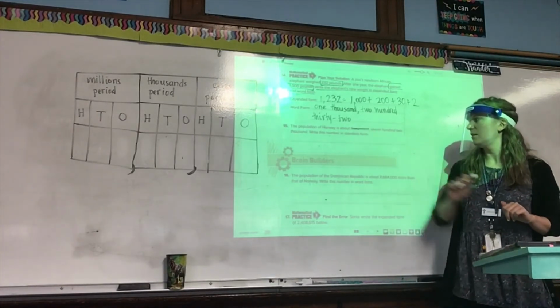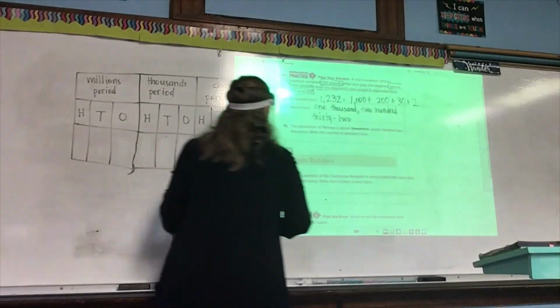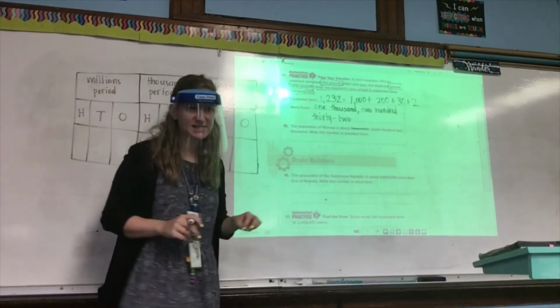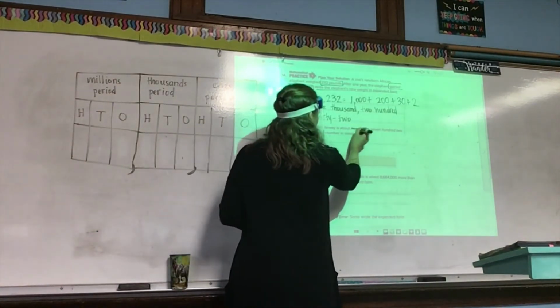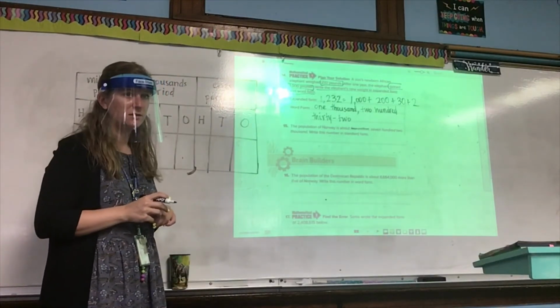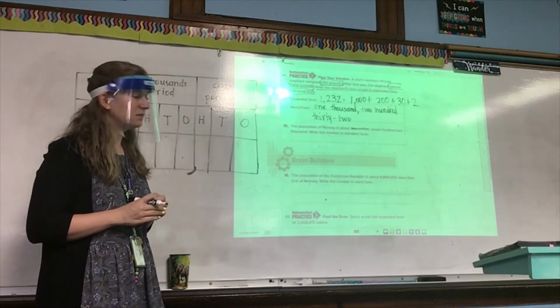What do we have? Cullen, italics means the slanted letters. What do we have left if we cross off what comes before the comma? 702,000.